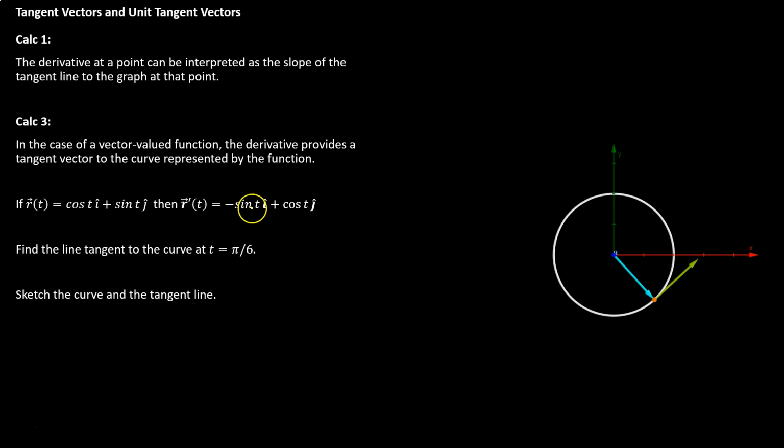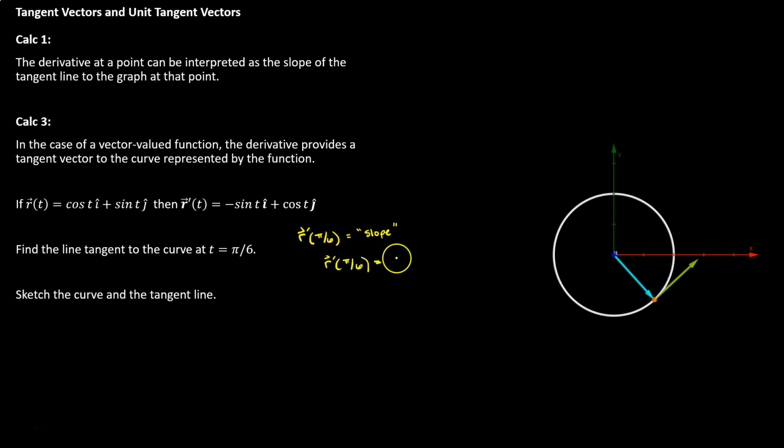To do that, we need to find the slope at t equals pi over 6. Which means we just plug pi over 6 into our r prime function that we've generated for the tangent vector.